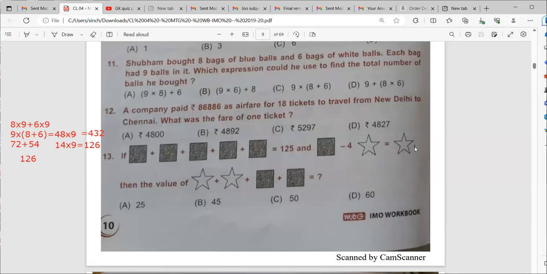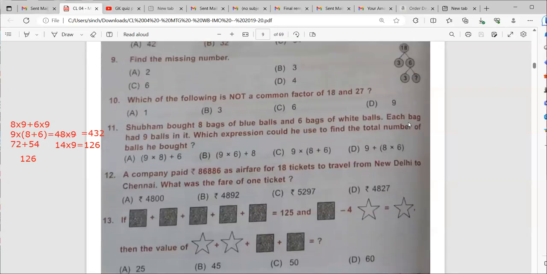So 4 star plus 1 star is equal to how much, Shaptagru? 4 plus 1 is equal to how much? 5. Very good.